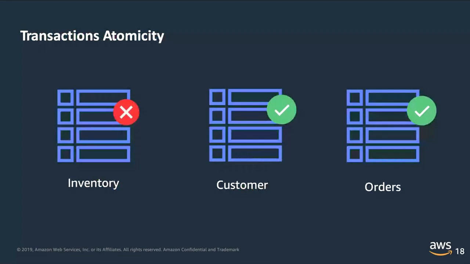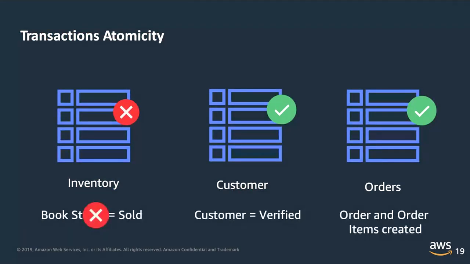What I mean by inconsistent state is that you could end up in a state where your customer is verified and orders are created, but the inventory is not yet updated. And if the inventory is not updated, you might end up selling that particular item to two customers, and then you don't have stock and cannot fulfill the customer order, along with all the other repercussions that you will have.